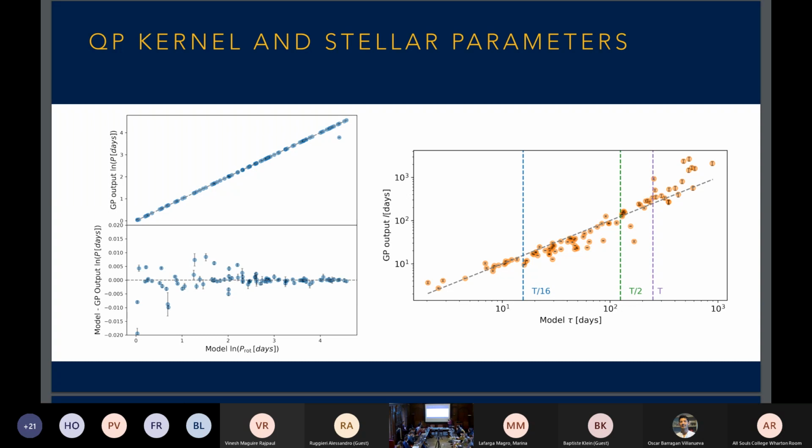Looking at the GP output squared exponential length scale and our model spot evolution time scale, we get a beautiful correlation, which behaves slightly differently as you get further out in the data. This purple line here with the T next to it is the total time span of our data. So we have some models that have spot evolution times, taus, that are longer than our data set.